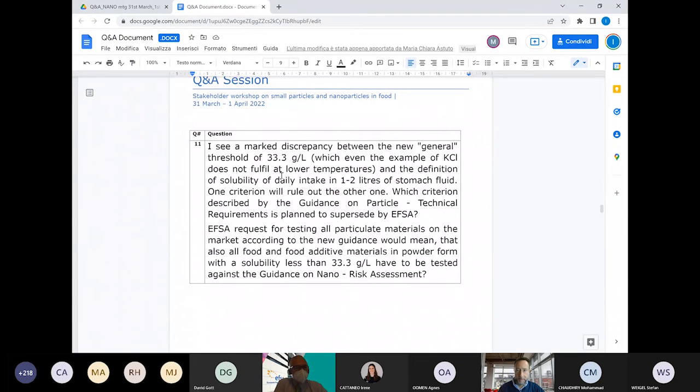So the question is about the discrepancy between the solubility threshold, which is given in the guidance on technical requirements, and the solubility test, which is also described in the same guidance. So which criterion is to be used?